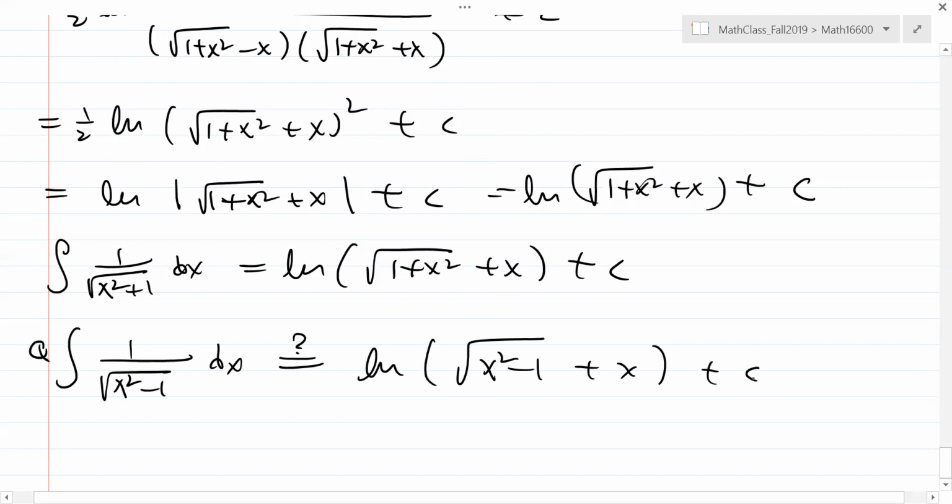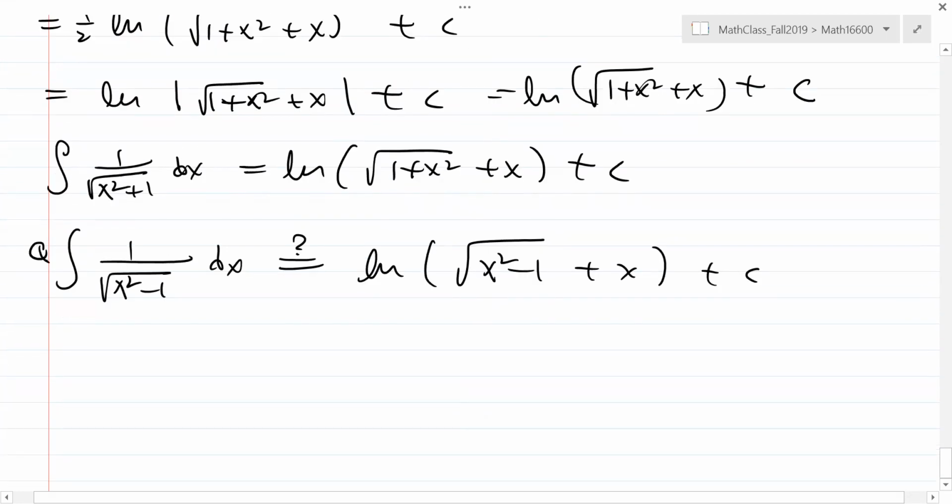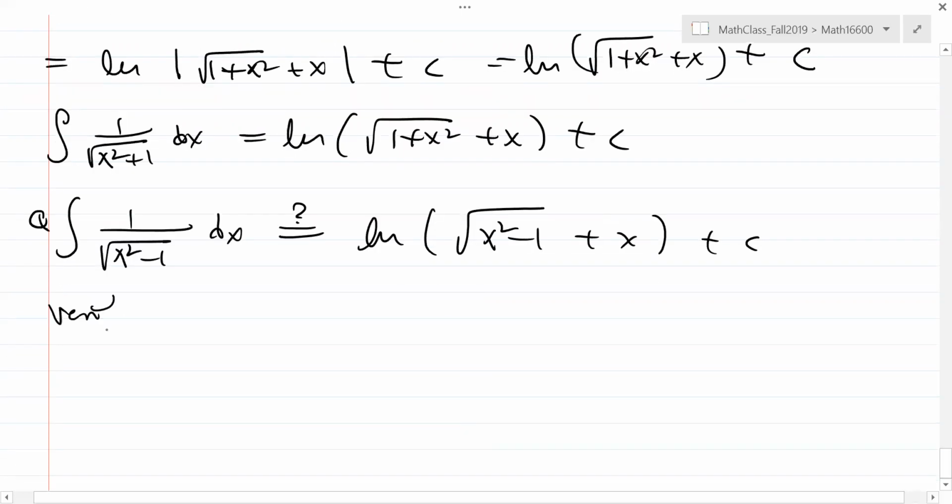This time, x is larger than 1. I guess so. It's in a very similar form, right? Yeah. Let's verify this.